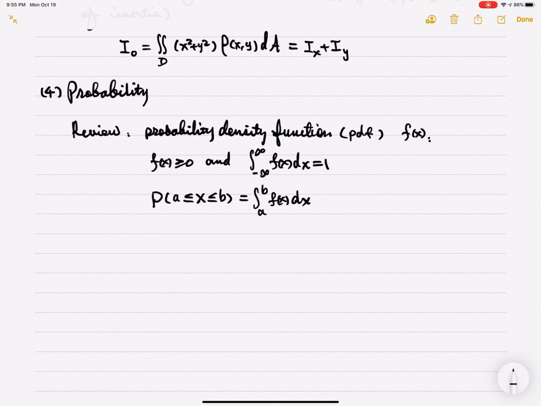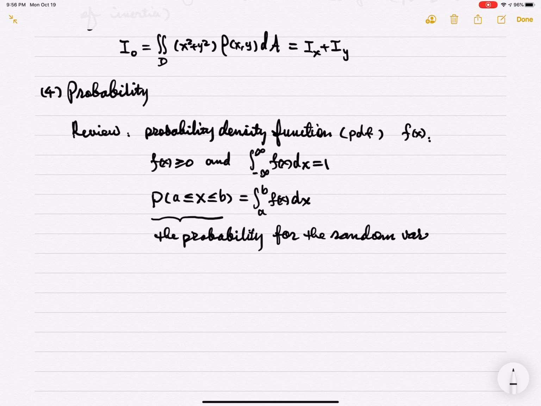The left-hand side we call the probability for the random variable x to be between a and b.